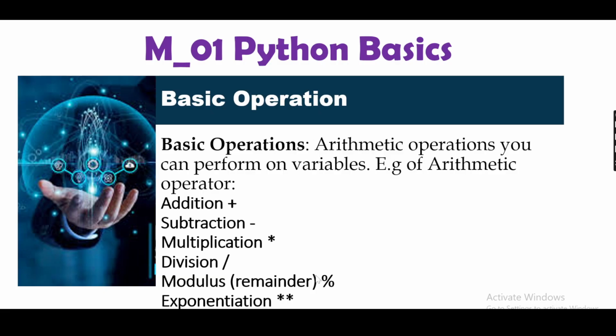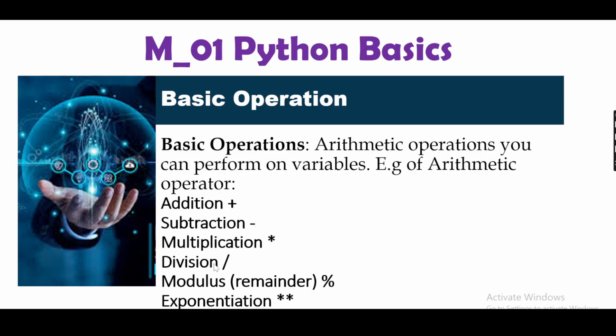Modulus is simply remainder. When you're interested in the remainder, you have 7 over 3. So if you have a modulus of 7 modulus 3, the answer will be 1. So exponential, you use double star. Then floor division.